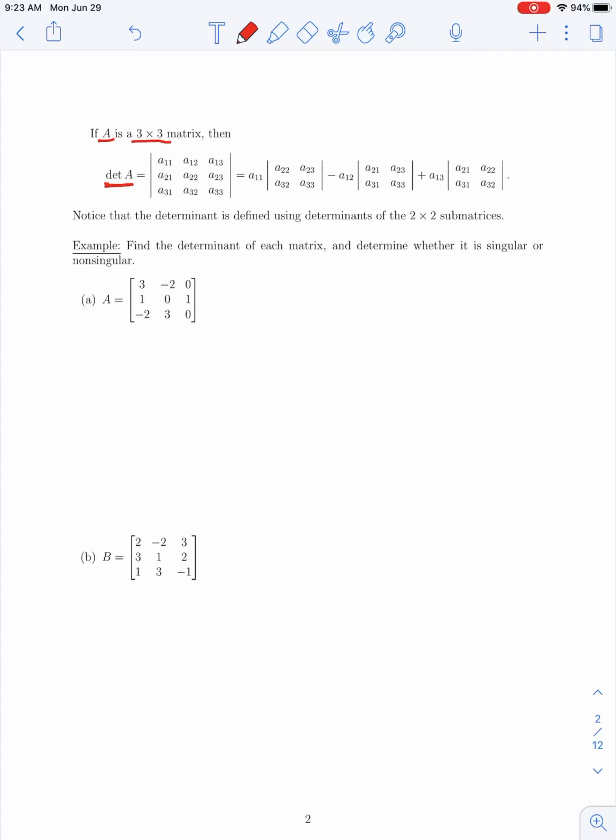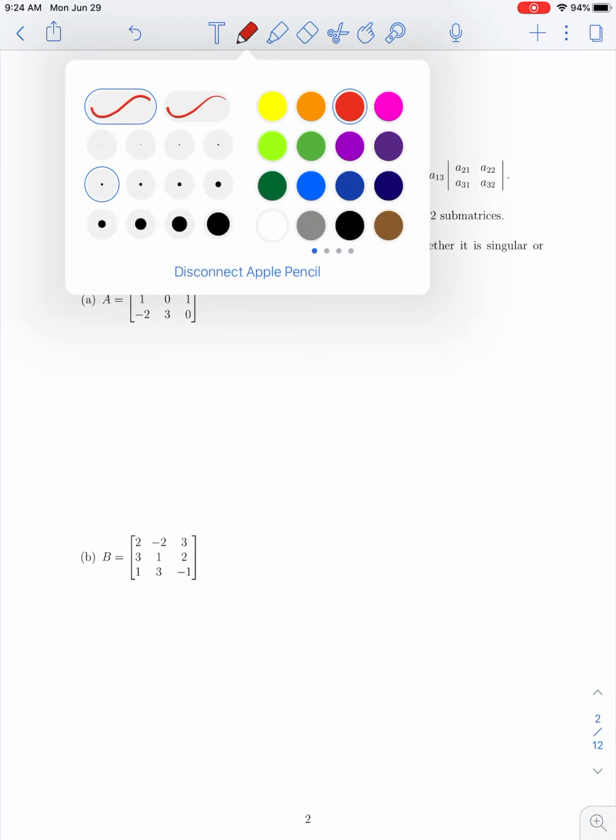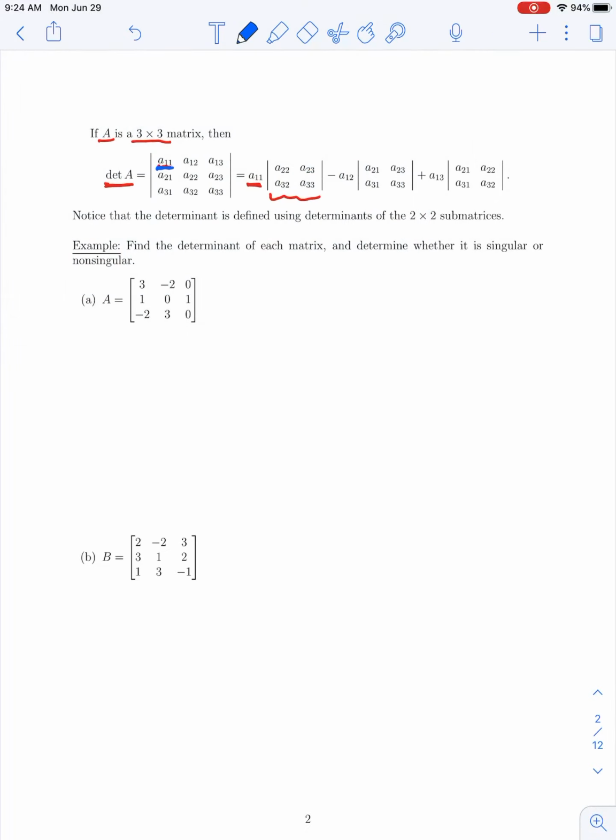I would take the first entry in my first row, that is A11, and multiply by the determinant of a 2 by 2 matrix that we get as a submatrix of A by deleting the row and the column that A11 lies in.